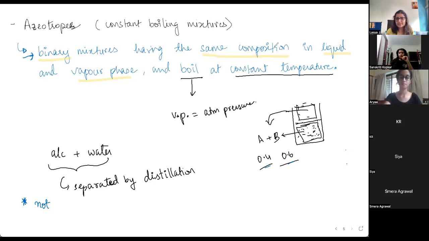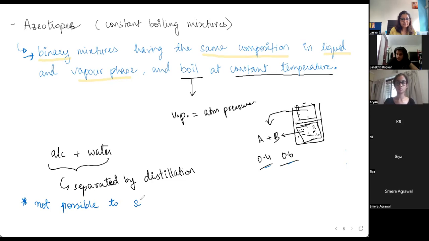So if you observe this happening, same composition in liquid and vapor phase, and they boil together at a constant temperature, then okay, that's an azeotropic mixture. That's why you call it constant boiling mixtures. And the main thing, the significance of this, is that it is not possible to separate the components even by distillation or fractional distillation. Basically, you can't use that technique.